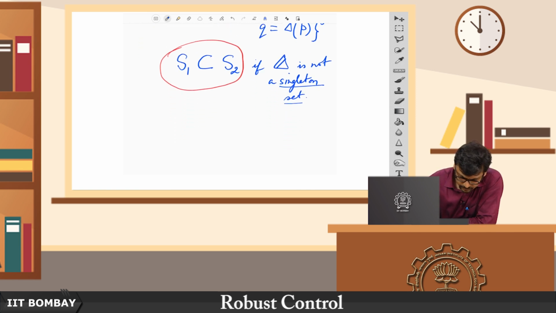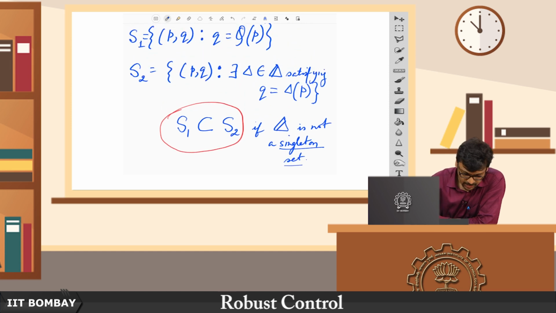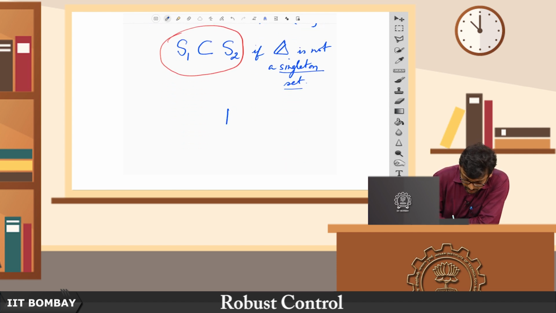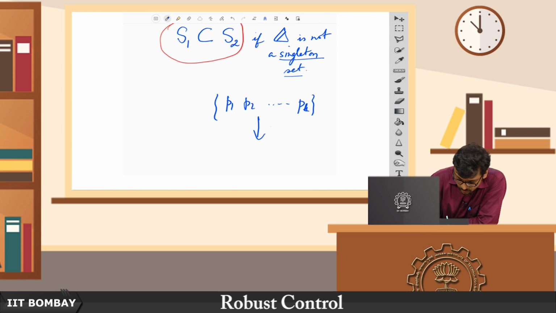Remember, if a particular delta were to act on all possible P's that you give it, it will lead to different Q's, all right. So, for example, here is a bunch of inputs that you give it, P1, P2, dot dot dot, let us say Pk, and you pass all of them through say one delta, and you get delta P1, delta P2, likewise till delta Pk.